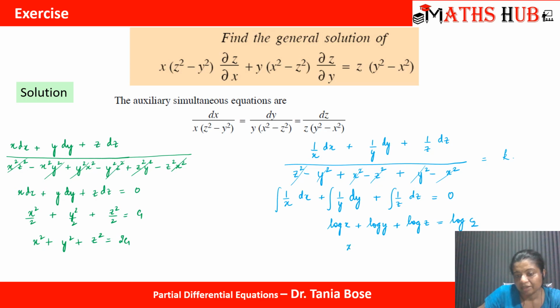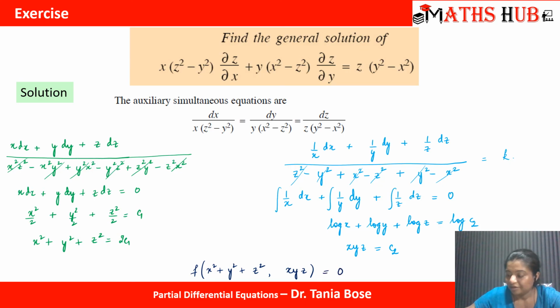So you can combine them, xyz will become equal to c, right? So what is your final answer? The final answer will become f of (x square plus y square plus z square, xyz) is equal to 0.